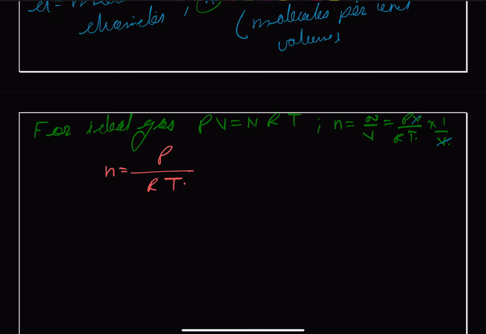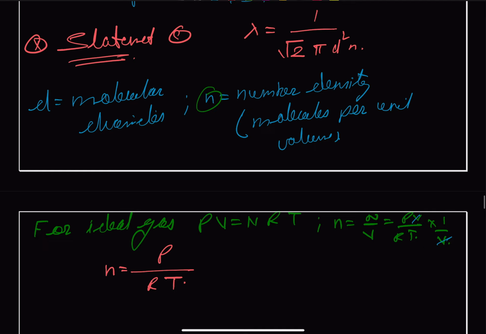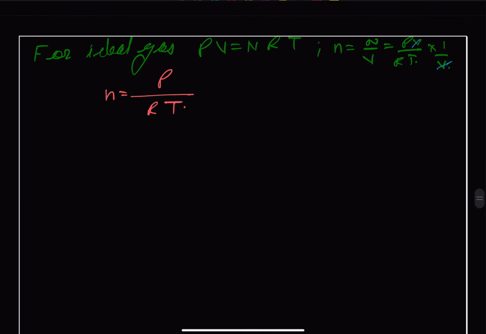And therefore we can write that our lambda is equal to 1 upon square root of 2 pi d square, and this comes as P upon RT.